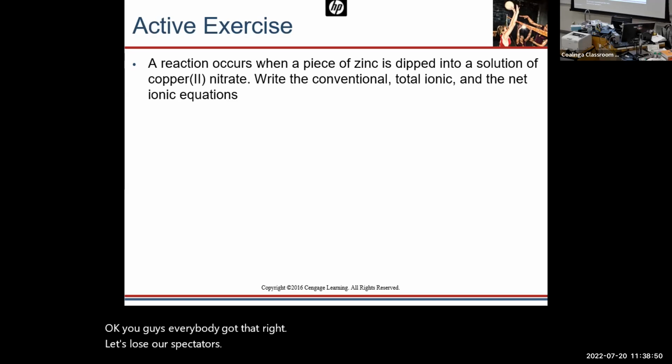Zinc 2+ and nitrate. Okay, so then, all right, the net ionic equation.